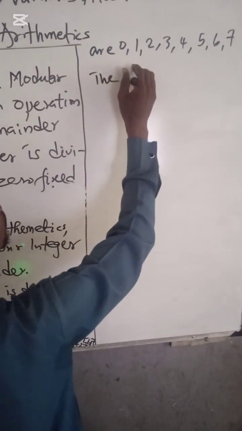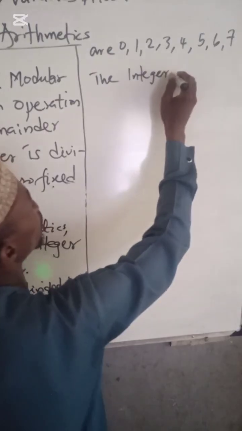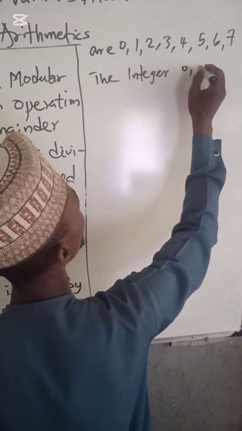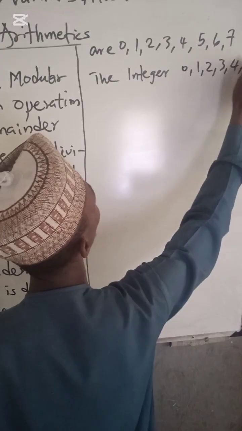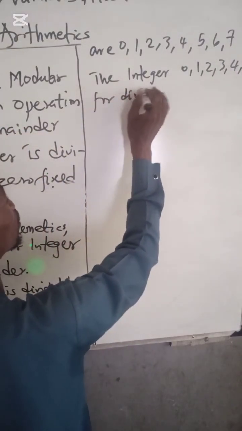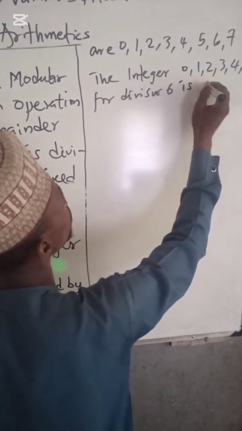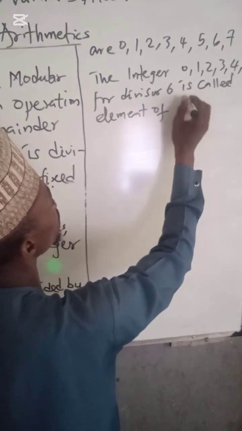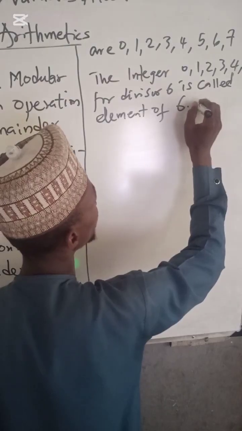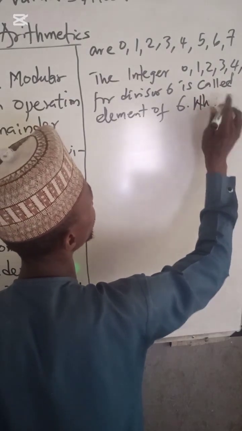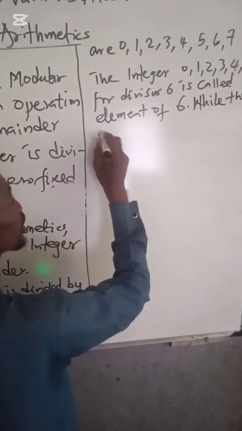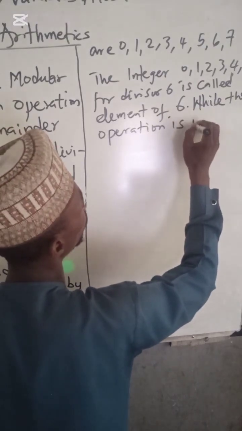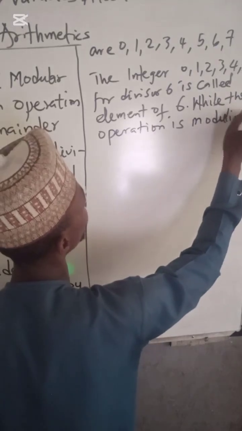For modulo 6, the integers 0, 1, 2, 3, 4, 5 are called elements of 6, because the operation is modular 6.